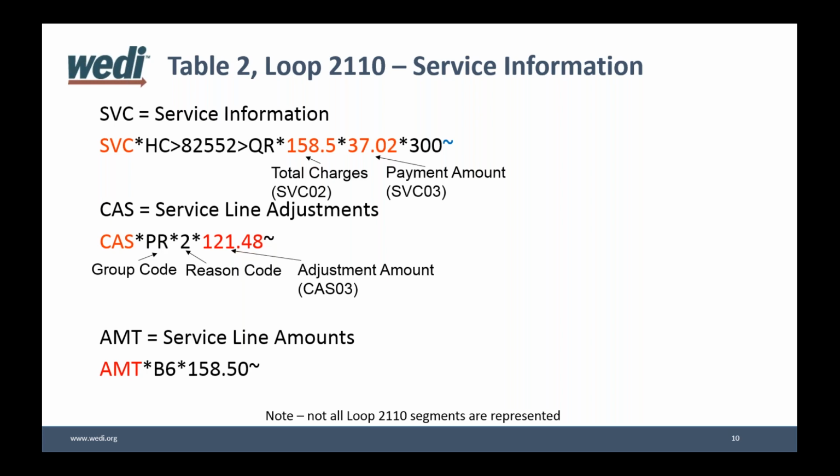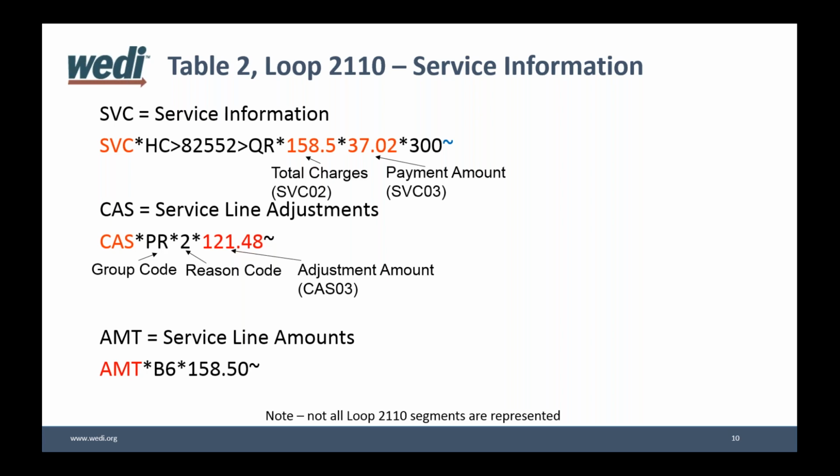The adjustments are reported in a CAS segment. Again, in this example, it's a patient responsibility. The group code is PR, the reason code is 2, and the adjustment amount is $121.48. I will note that the rules say that you never repeat an adjustment at a service line level and again at the claim level.